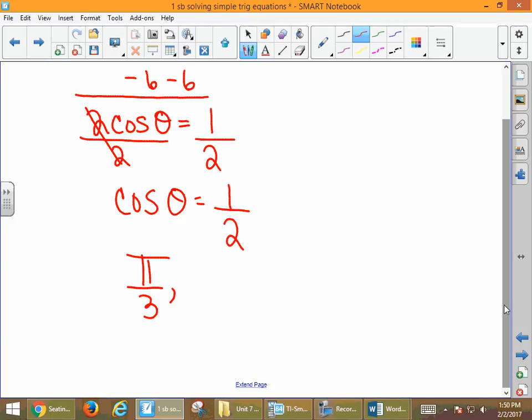Fourth. But remember, all students take calculus. So this time we need this one. Again, it's pi over 3, but what's our pi over 3 angle in the fourth quadrant? 5 pi over 3.